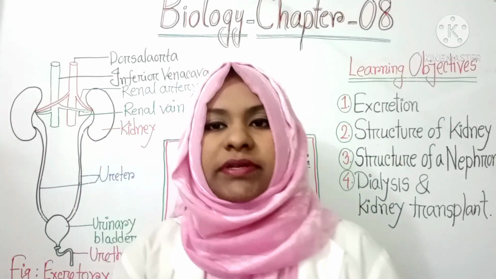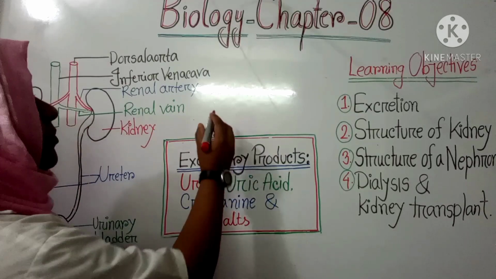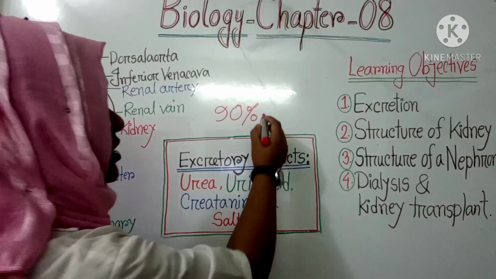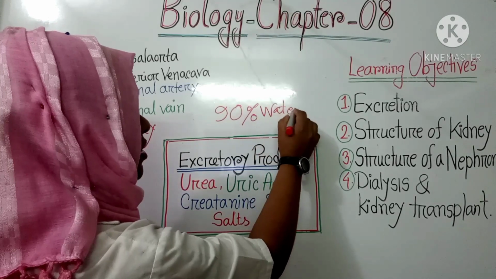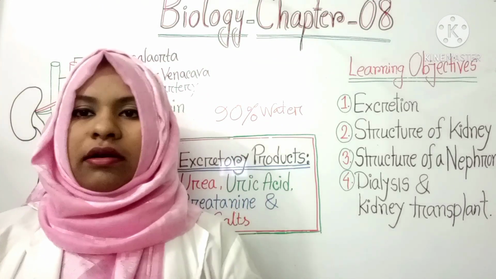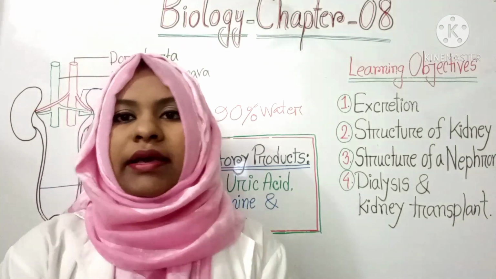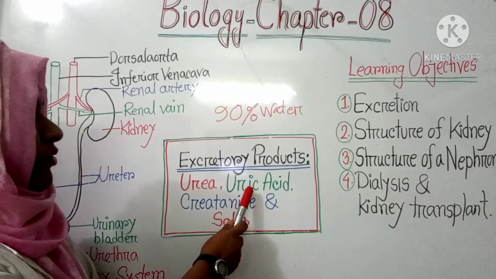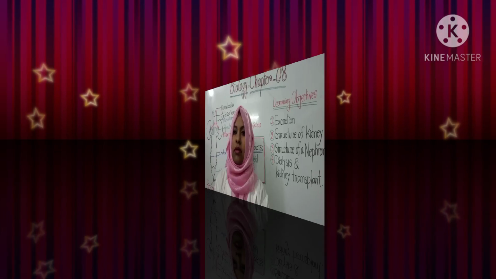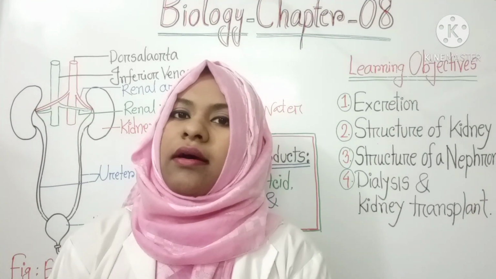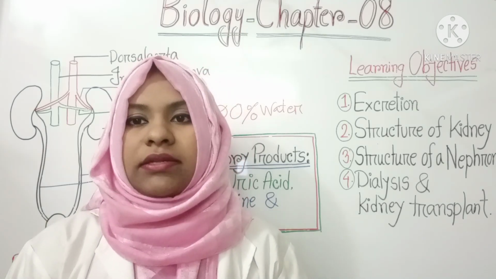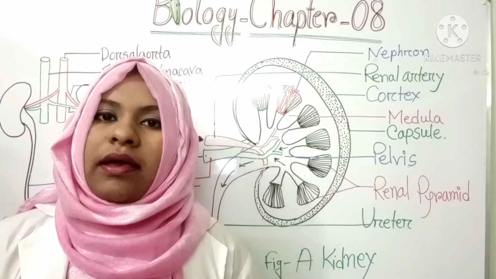Almost 90% of urine is water. There are many other components like urea, uric acid, creatinine, and different kinds of salts. The color of the urine is light yellow due to the presence of a pigment called urochrome.